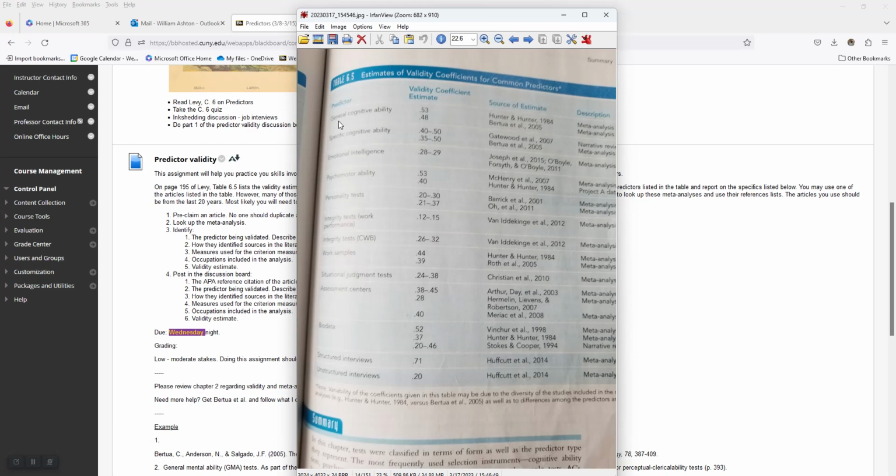What this is telling us is that in general, when you use cognitive ability tests to predict job performance, the validity estimate is 0.53 or 0.48, so around 0.50. That means somebody comes in and wants to work for you, and you give them a test, and it tells you their score, and based on the score you hire them.